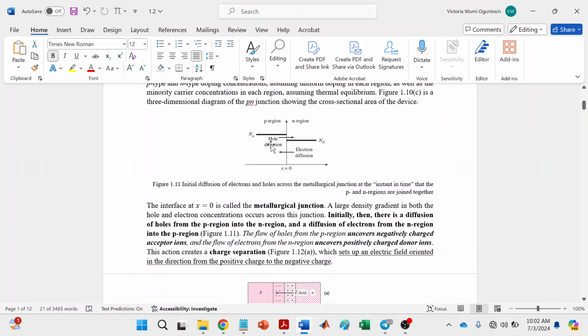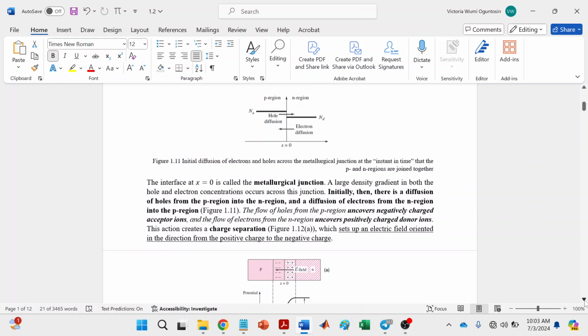As we discussed in the last class, the semiconductor material is electrically balanced. So when the holes diffuse, they uncover negatively charged acceptor ions, since the holes are positively charged. Similarly, when the electrons diffuse into the P region, the electrons are negatively charged, so they would uncover positive charge in the N region.